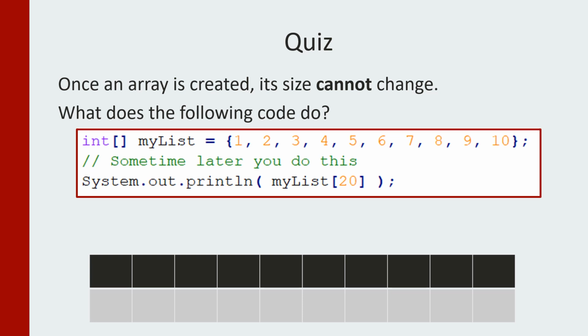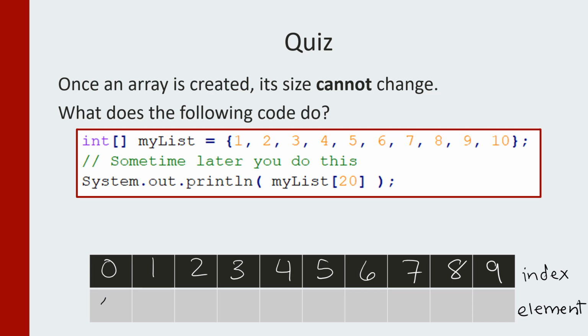All right, the first thing to know for this problem is that once an array is created, its size cannot change. So here I have int myList 1, 2, 3, 4, 5, 6, 7, 8, 9, 10. So I know that index 0 through 9, these are my indices, are going to have the elements 1, 2, 3, 4, 5, 6, 7, 8, 9, 10.